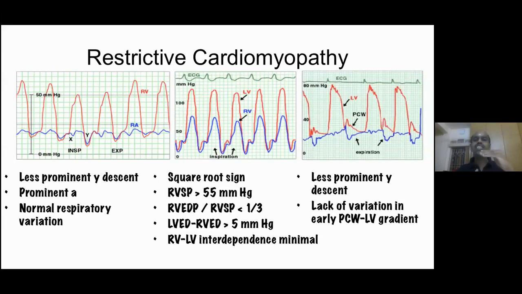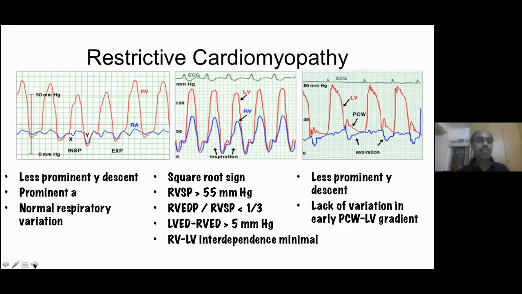Since the left atrium and left ventricle are guarded within a high pressure chamber by the rigid pericardium, left atrial and left ventricular pressure will be slightly higher, but the pulmonary capillary pressures will be much lower because intrathoracic pressure is able to influence the pulmonary vasculature. So the pulmonary capillary wedge pressure will fall much lower.